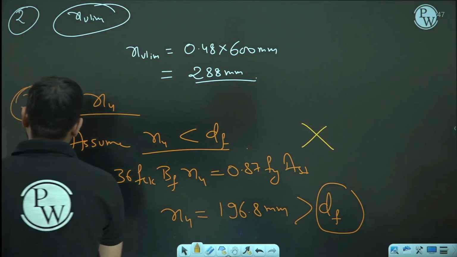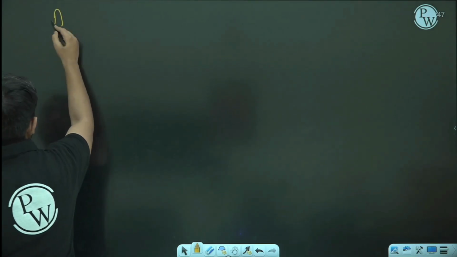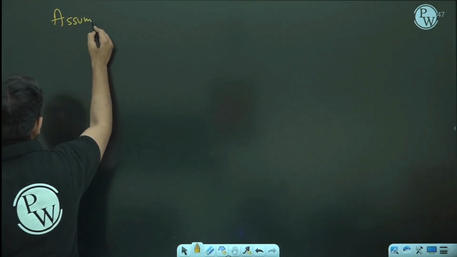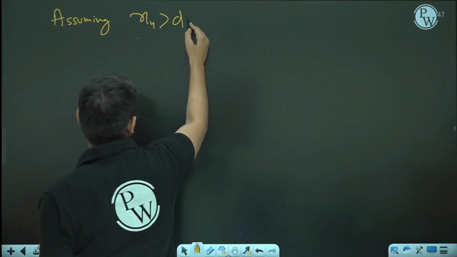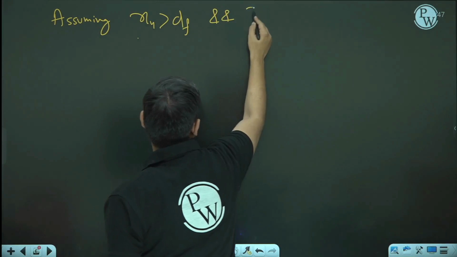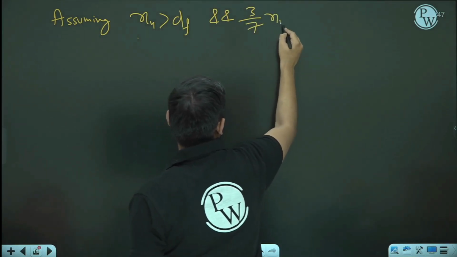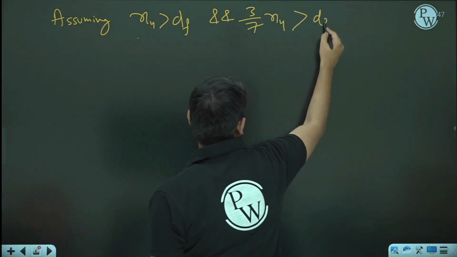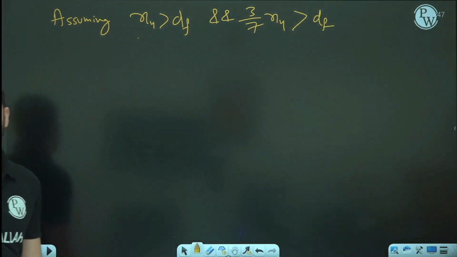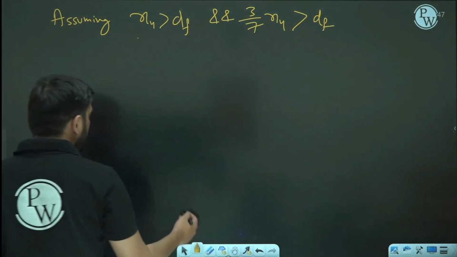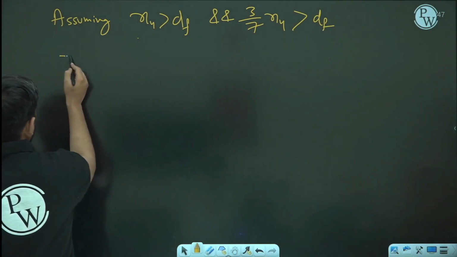So next, assuming XU greater than DF and 3 by 7 of XU is also greater than DF, means the entire flange is lying in the rectangular stress block. So which formula are we going to use?